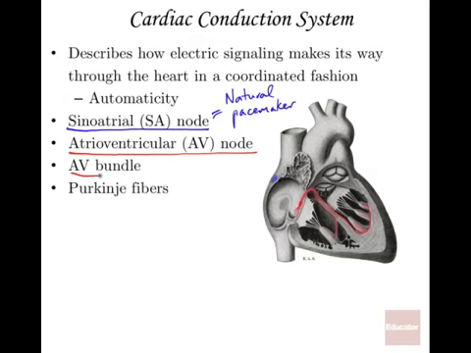The AV bundle then takes the signal down through the septum, meaning the border between the left ventricle and right ventricle, and it extends in what are called Purkinje fibers. So all these little fibers are innervating the muscle fibers of the ventricles, named after Dr. Purkinje, and when the electrical signal goes through all those, you get the ventricles, the left and right, contracting at the same time.